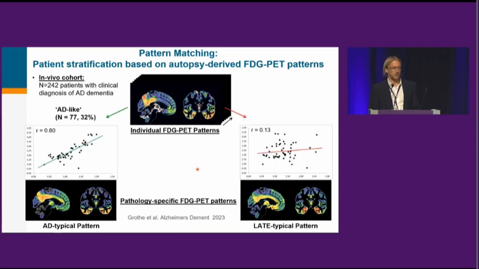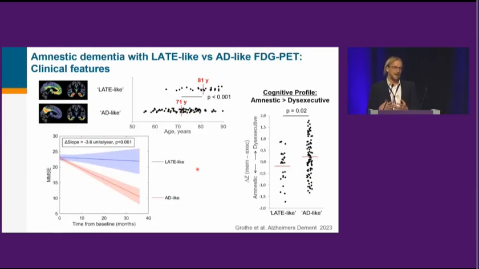And when we compared these patients to those with a more AD typical hypometabolic pattern, we found that these LATE-like patients showed several features that were consistent with an underlying LATE neuropathology. So they were considerably older, on average 10 years.